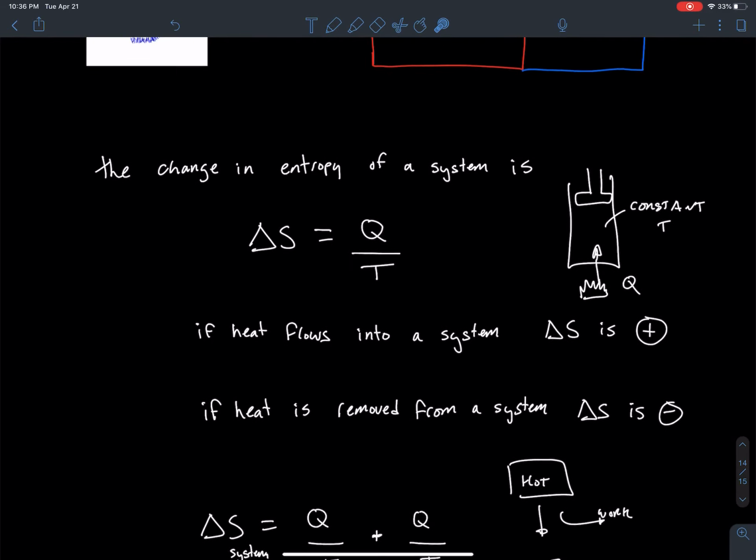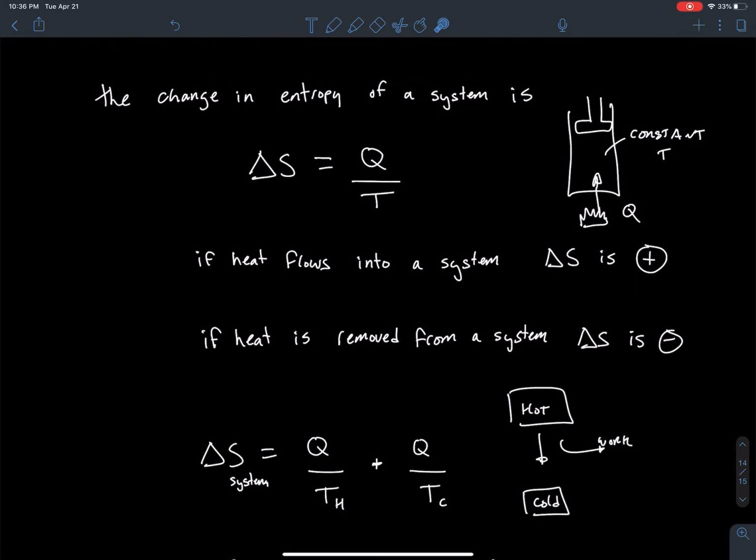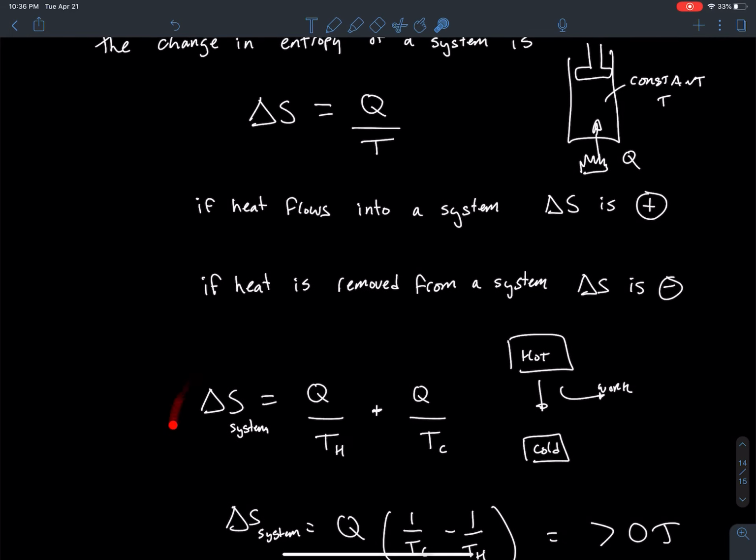Okay. And then, if I want to be able to calculate the change in entropy of a heat engine, hot, cold, work being done, that's the cycle, okay? You would add up the heat that went through the system: the heat divided by the temperature of the hot sink, plus the heat divided by the temperature of the cold sink, and if you add that together, that would give you a change in entropy.